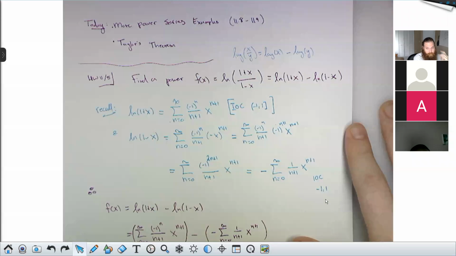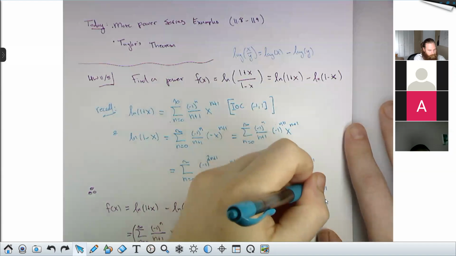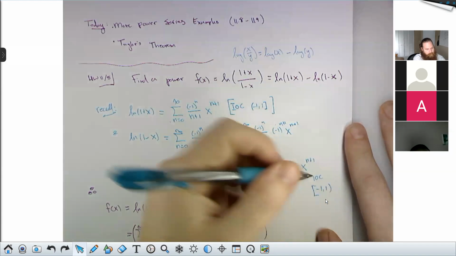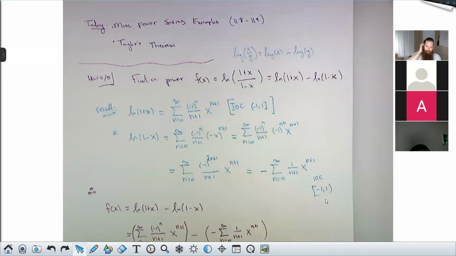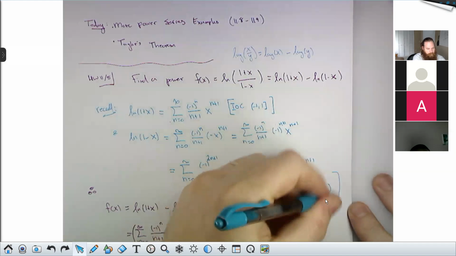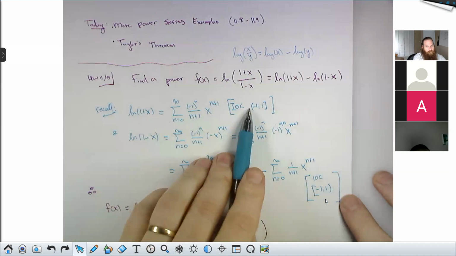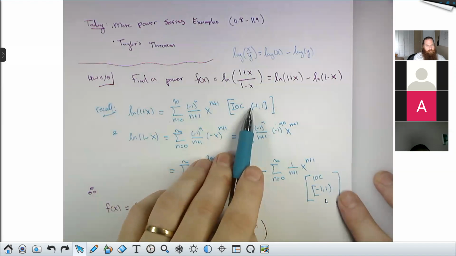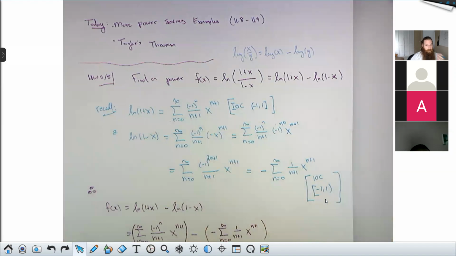But now if I plug in -1, I get a convergent series. And if I plug in +1, I get a divergent series. So if you take the overlap between the two intervals of convergence here, what's common to both of these is just the open interval from -1 to 1. And you could have gotten the IOC that way as well.